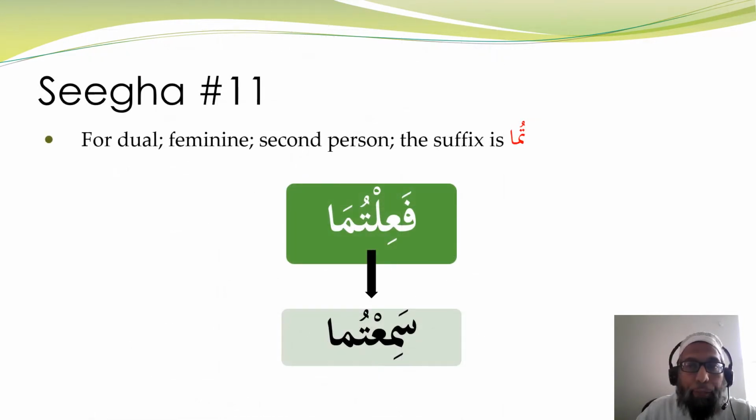Fa'iltuma, sami'tuma, you add tuma at the end. So this is the same as the masculine dual second person. So sami'tuma can mean you two males or you two females heard. This is one word that can be used for both masculine and feminine.